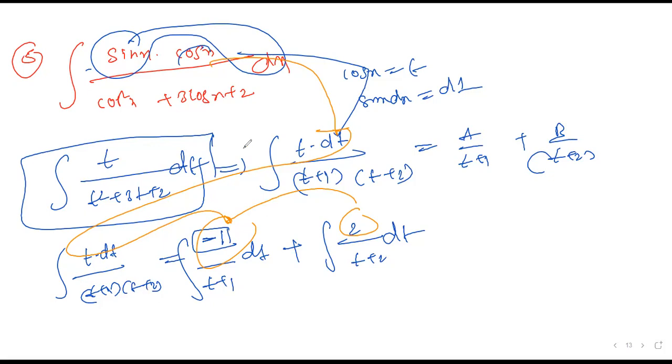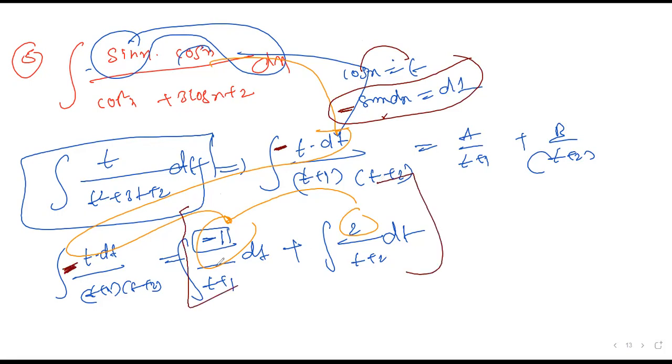Sorry, cos x is equal to t, right? What is sin x dx equal to? One minus is missing, because the derivative of cos x is minus sin x. So we are going to get minus dt. So the entire problem is correct, just you are getting a minus.